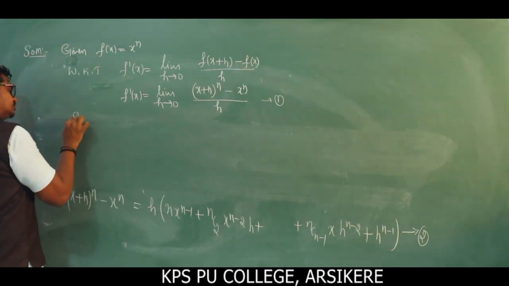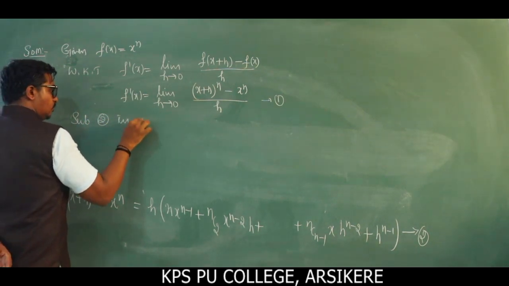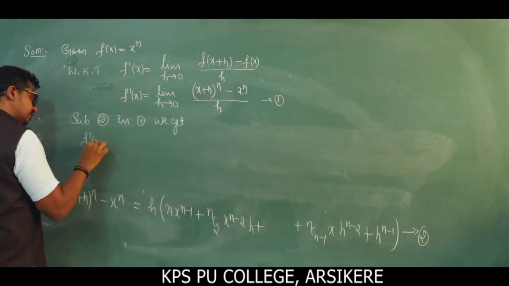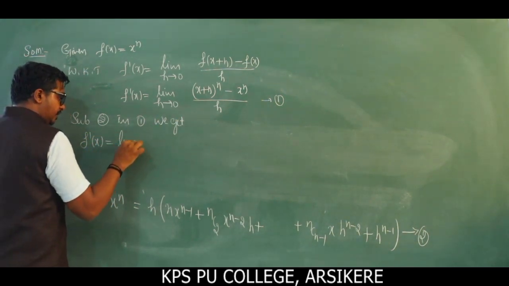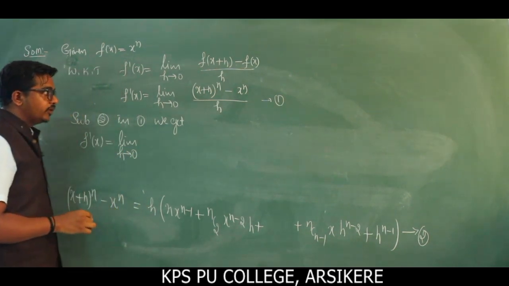Therefore, I'll substitute 2 in 1. We get f dash of x is equal to limit as h approaches 0 of (x plus h) whole power n minus x power n.